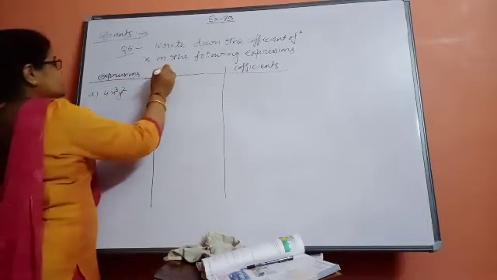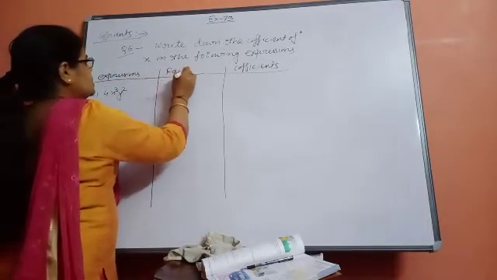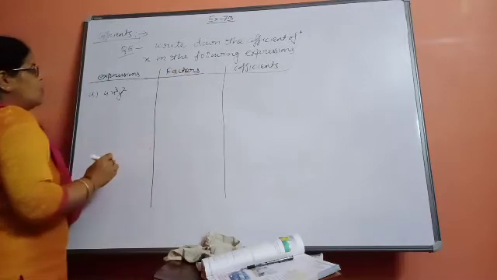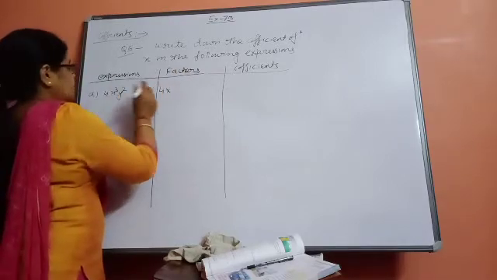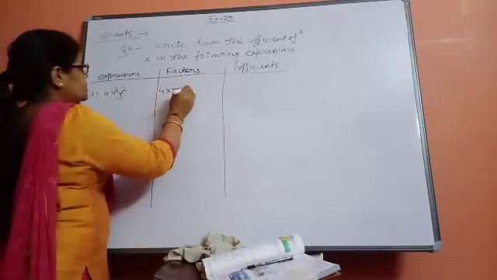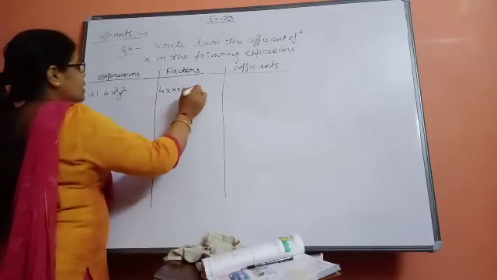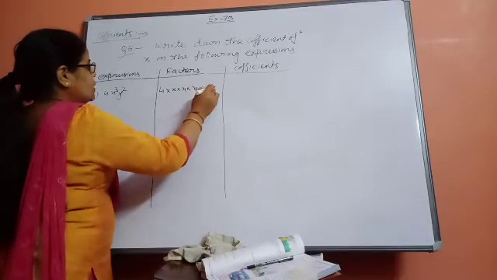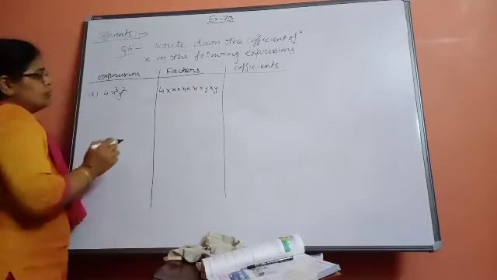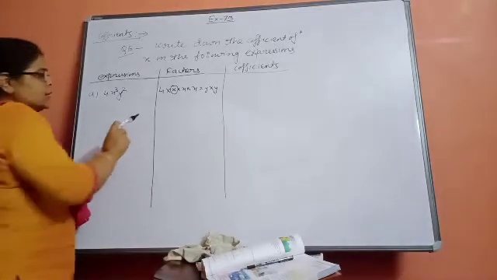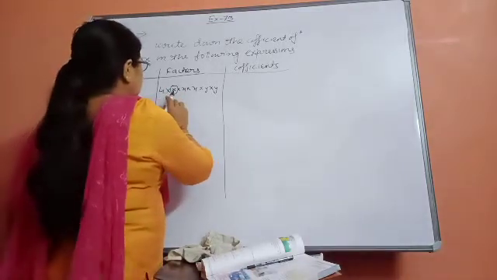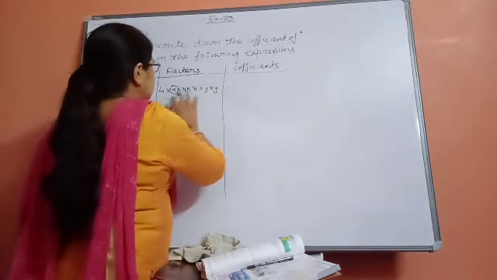Okay, in the second one, factors. And you just write, now I taught you how to write the factors. How will you write 4 into x? x into x into x, 3 times, or y into y. Okay, so for the coefficient of x, you just draw a circle around the x, and the rest of the terms will be the coefficient.